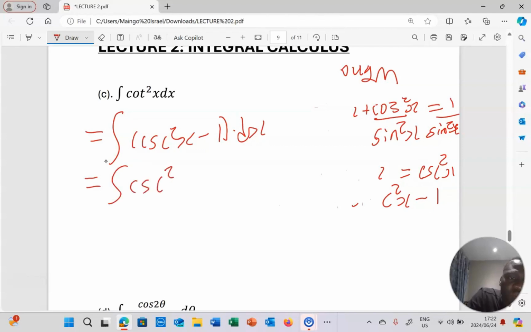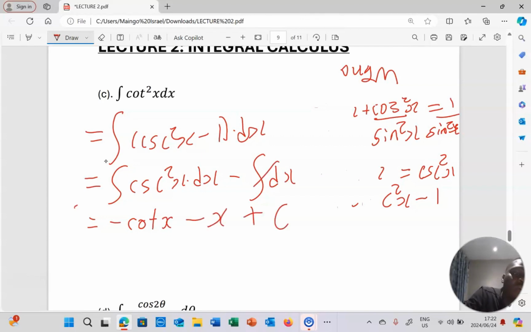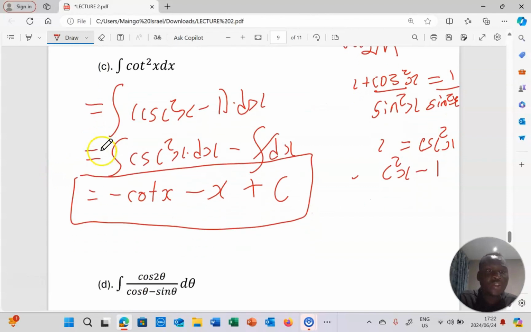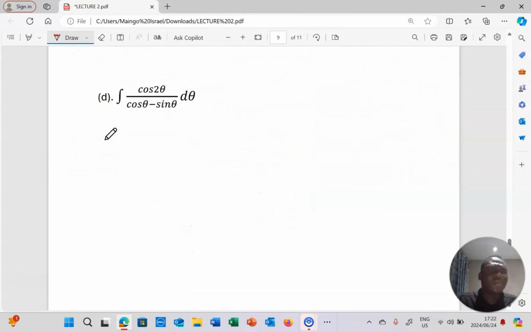This will be the integral of cosec squared x dx, then minus dx. What do we differentiate to get cosec squared x? Obviously, this is negative cot of x, then minus x, then plus a constant, and this is the answer for that particular problem. So we have number D.